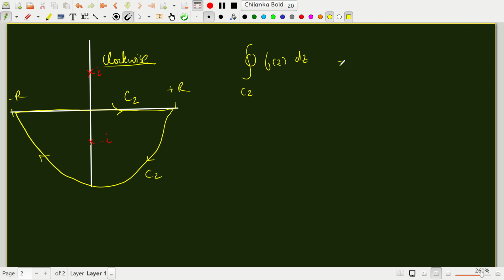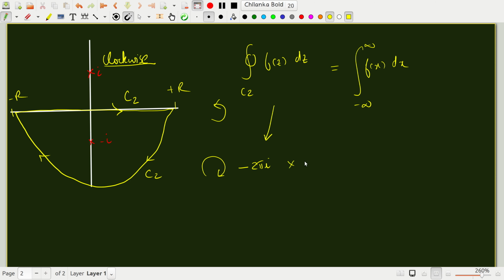So this is the same as what we want, minus infinity to infinity f of x dx. Now this is minus 2 pi I. Why is there a minus sign? Because this contour is clockwise, right? Whereas the residue theorem is traditionally for anti-clockwise. Usually we take the contour anti-clockwise, but here it is going clockwise.